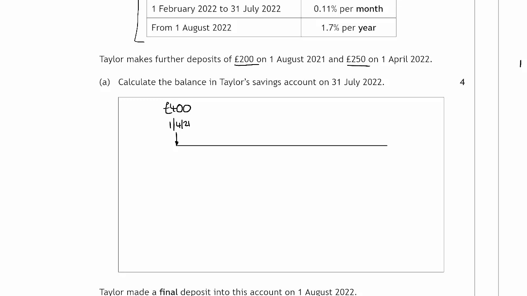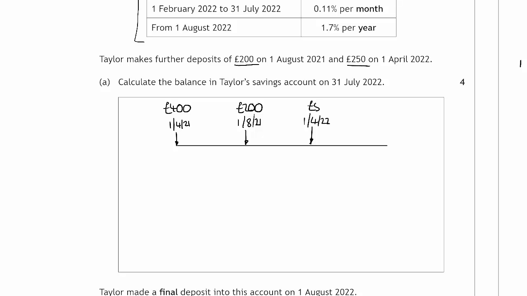We've then got another one on the 1st of August, and this time it is £200. And then the next year is going to be the 1st of April. So that's a year after the initial deposit, and that's £250.